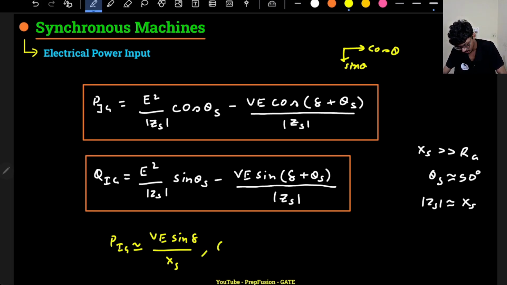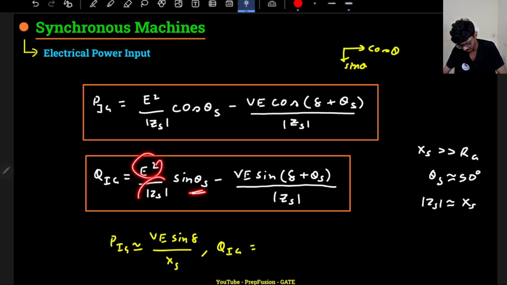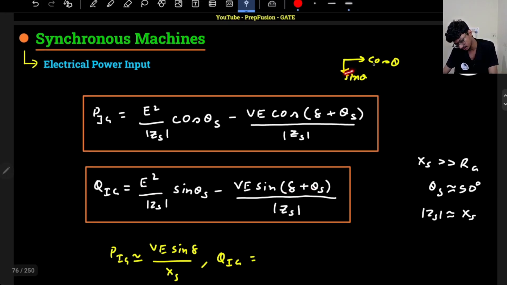And what about my Qij? Qij will again be approximately, this is 90, so it will be E square by XS, this is sine of 90 plus delta. What is sine of 90 plus delta? It will be cos of delta.